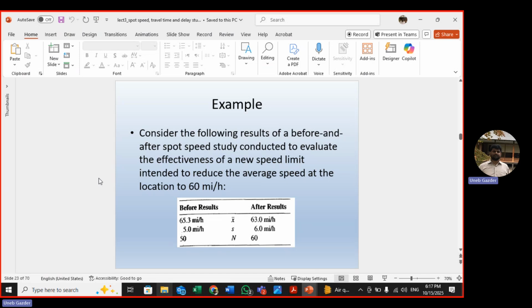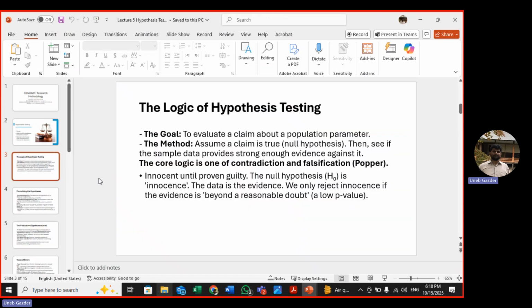But is this evidence enough to prove the hypothesis? Why? Because maybe by accident. Yeah, because it's a sample, right? So hypothesis testing should also take into account what is happening in the rest of the population.